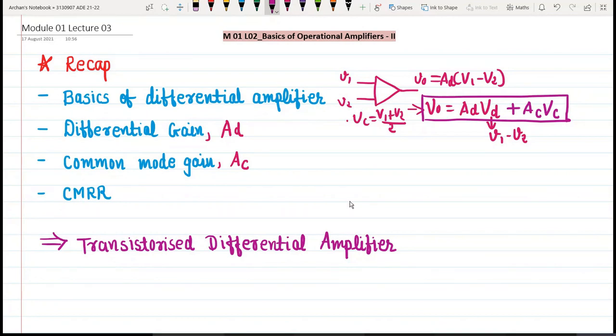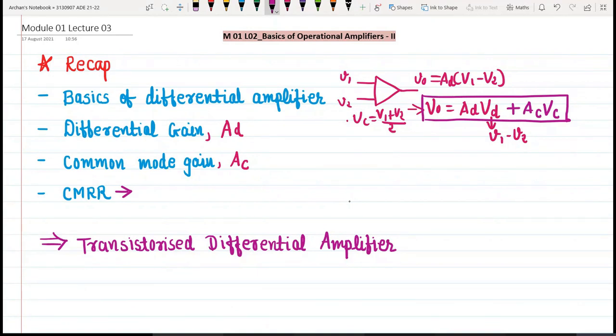As we know, this common mode voltage is not desirable. We must reduce its effect, and that is why we have a parameter called the common mode rejection ratio. When the same voltage is applied to both inputs, the difference amplifier is said to be operating in a common mode configuration.